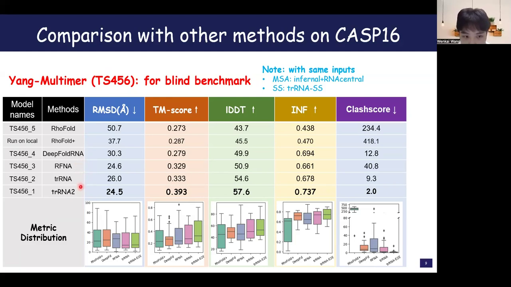We also ran the recently published RhoFold+ on these targets. The results show that TR-RNA2 outperforms all the compared methods. In addition, our models also have far fewer steric clashes than other methods, with an average clash score of only 2.